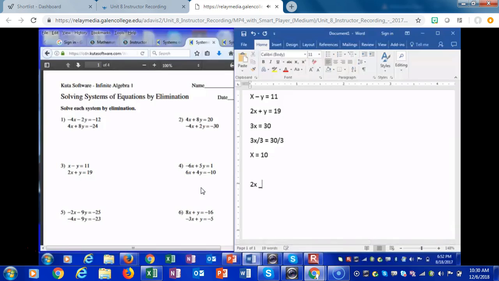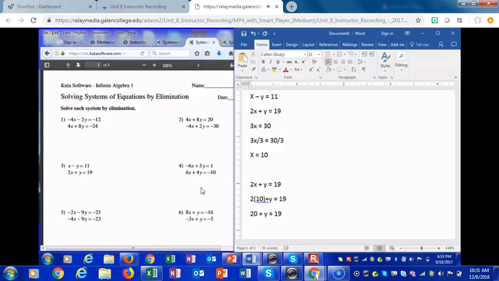So that would be 2x plus y equals 19. So we have 2 times 10 plus y. Remember, we're still trying to find out what is y. That equals 19. 2x, or 2 times 10, is 20. Plus y, that would also equal 19. Please be careful with your signs in these areas as well, because it's very, very easy to leave them off.